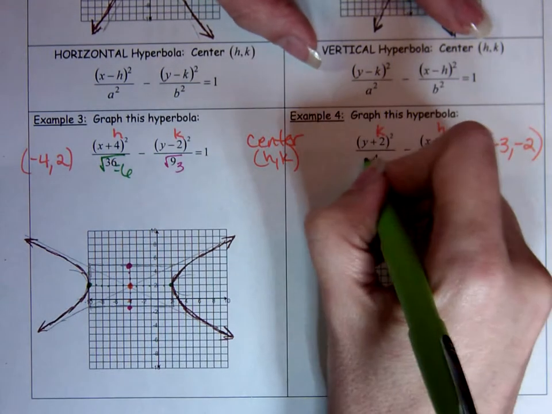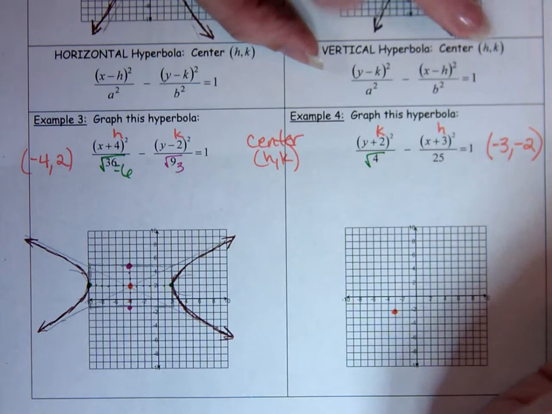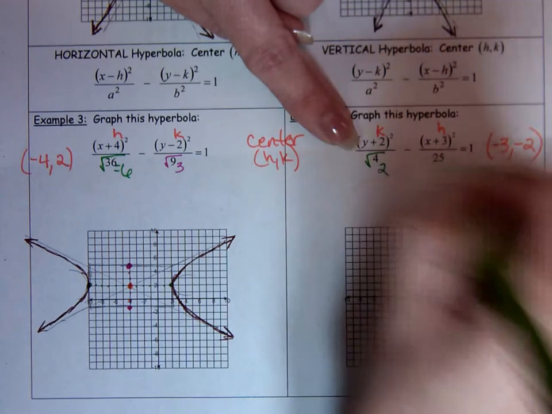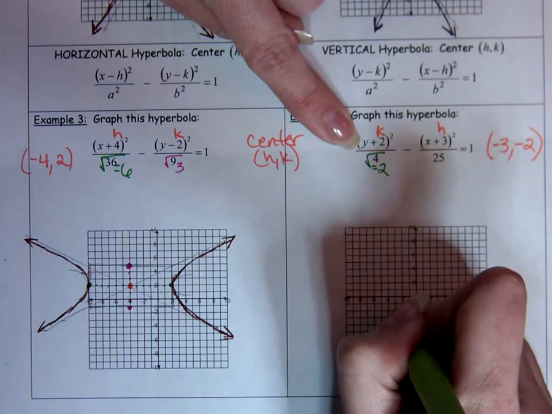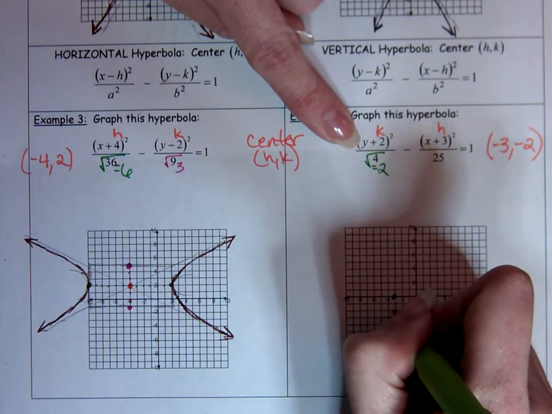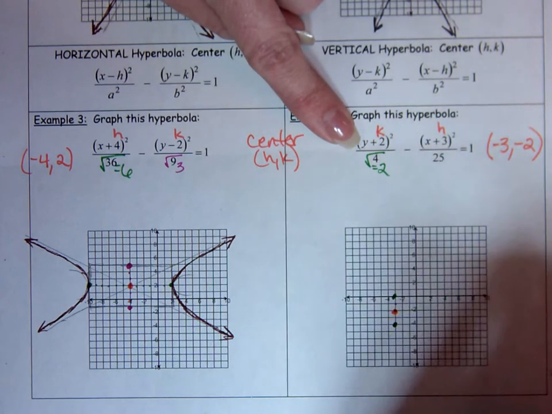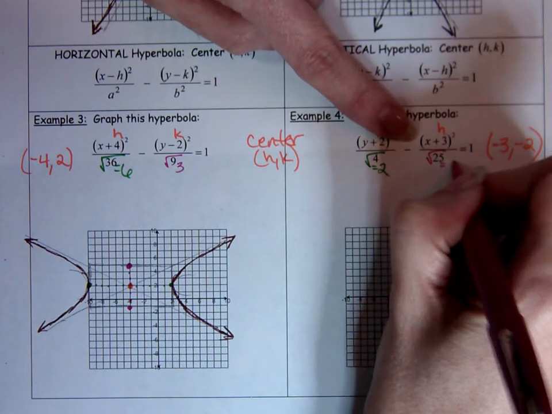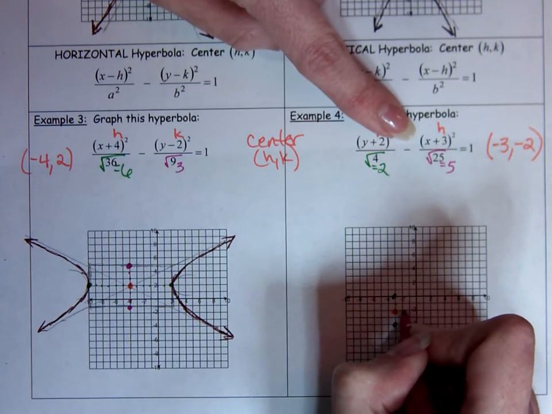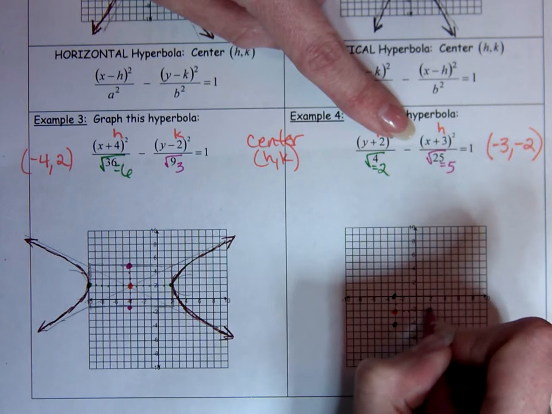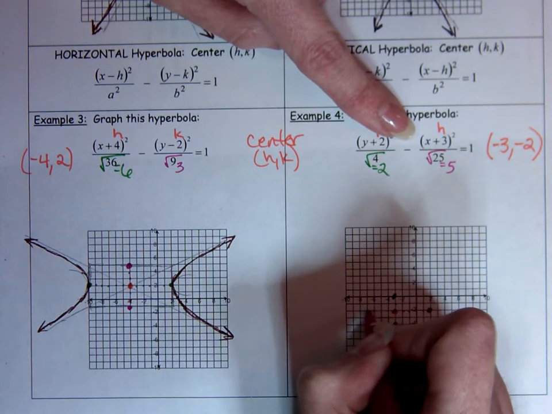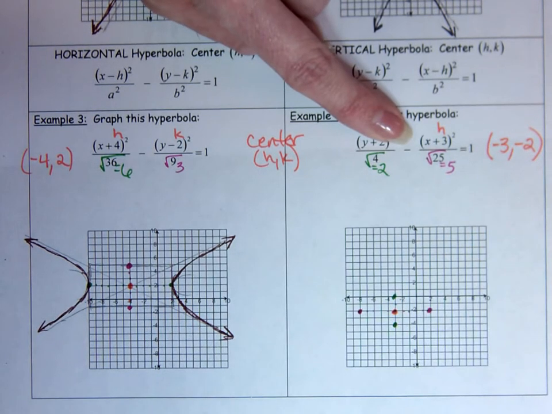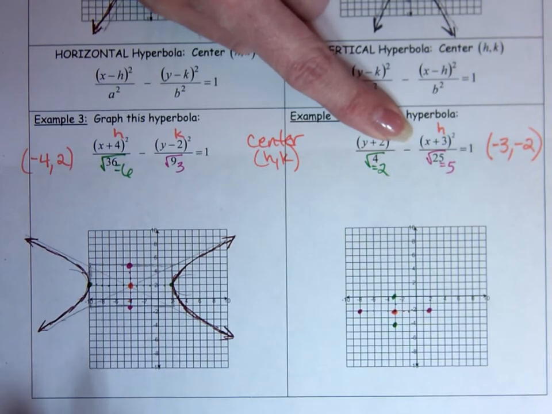And then we're ready to form boundaries. Underneath the y squared term, I've got a 4, so we're going to go 2 in each vertical direction. Underneath the x squared, 25, so we'll go 5 in each horizontal direction. And we've got enough to make our boundaries.